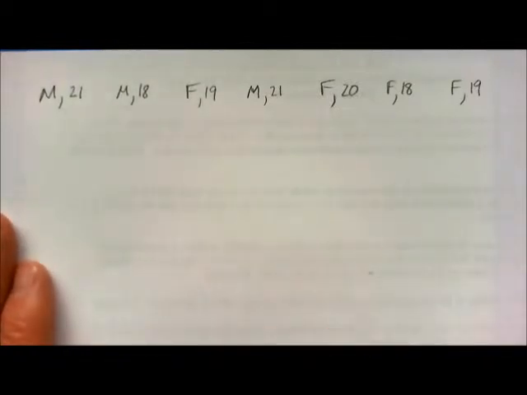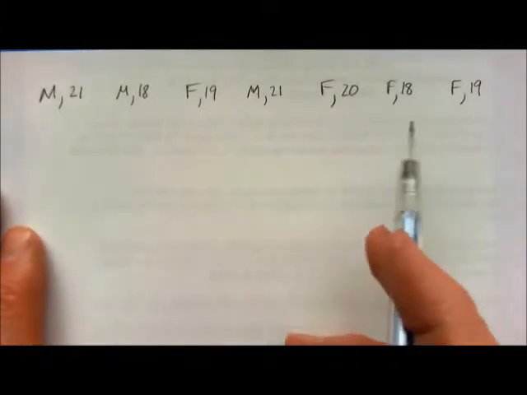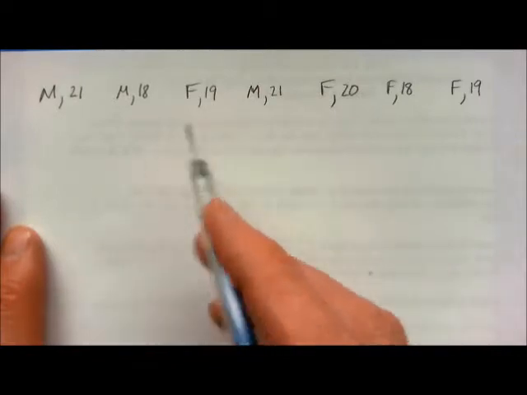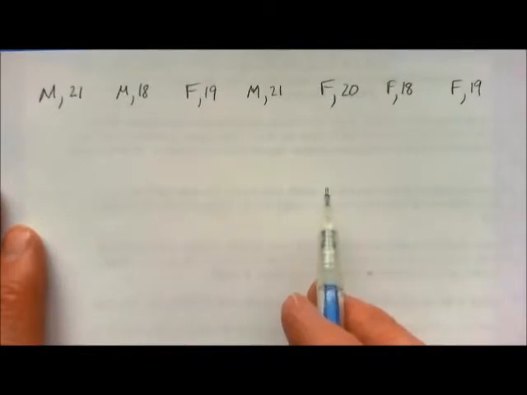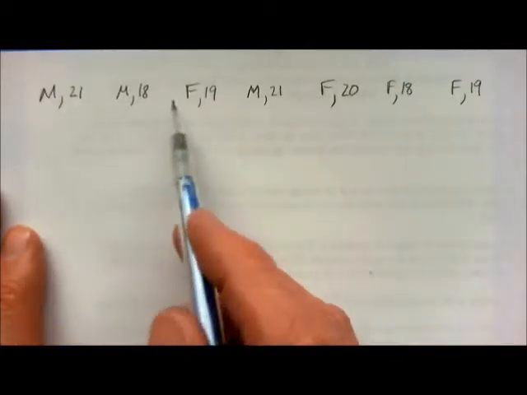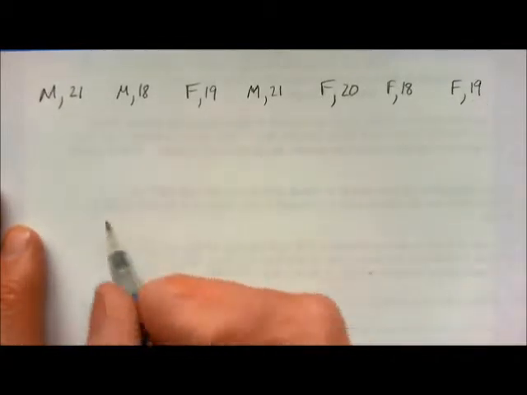So there are a couple things we could do with this set of data. One thing we could do, for instance, would be to look at the ratio or the proportion of the individuals here that are female. So to do that, we would count up, we have 1, 2, 3, 4 females out of a total of 7 individuals.